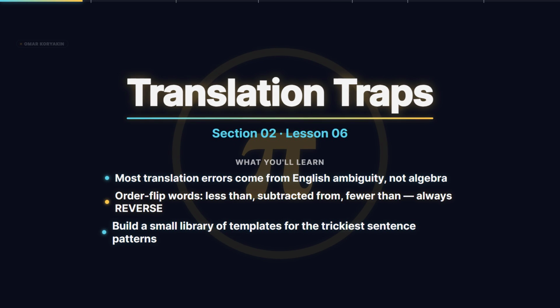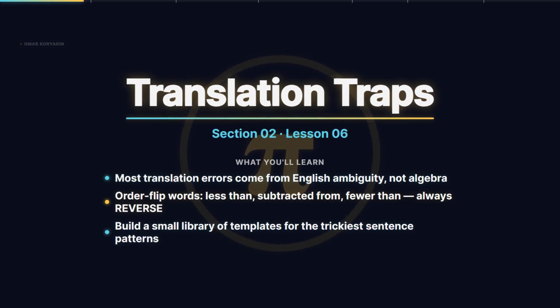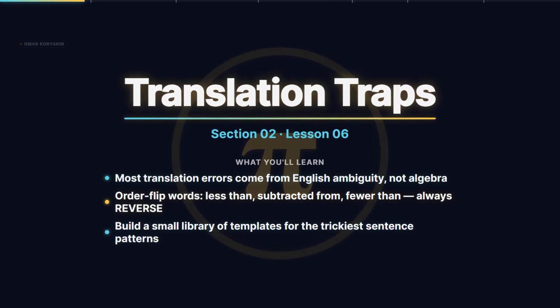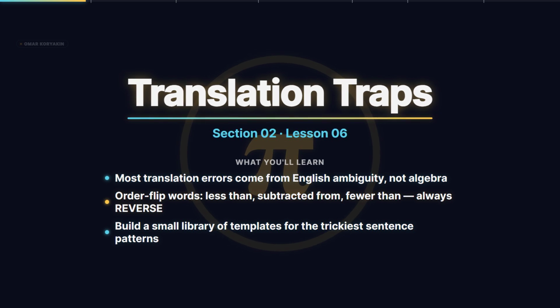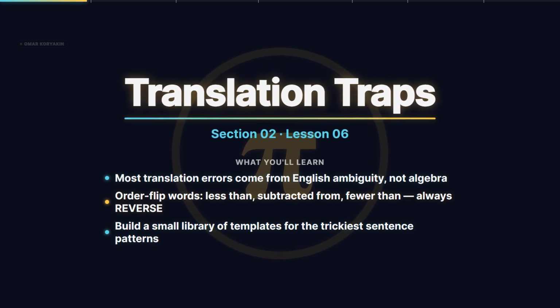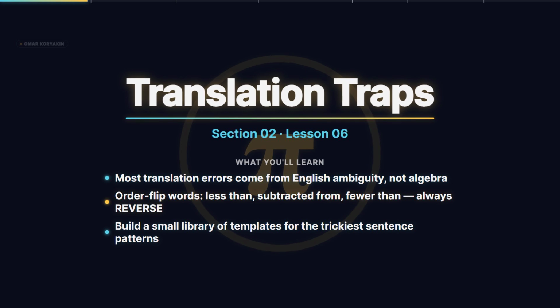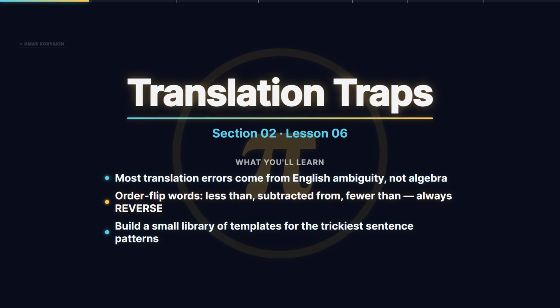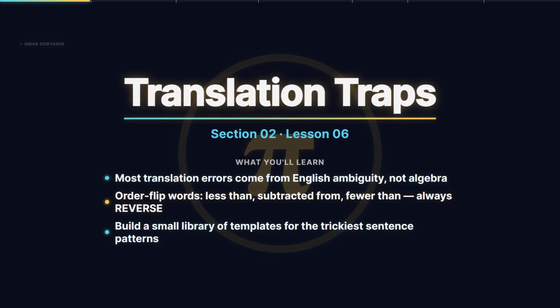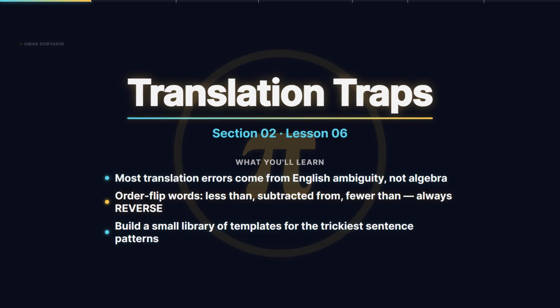The twice as many as trap is direction sensitive. If A has twice as many as B, then A equals 2B, not B equals 2A. Today, we work 2 full word problems that feature these traps and build the templates so the trap patterns become automatic recognition the next time you see them in any context.